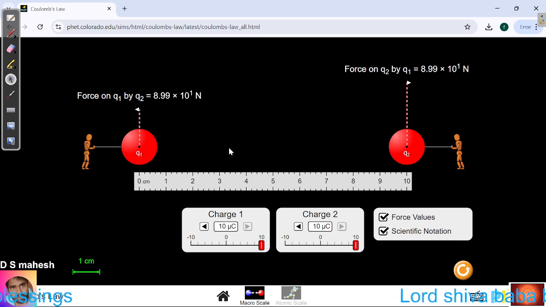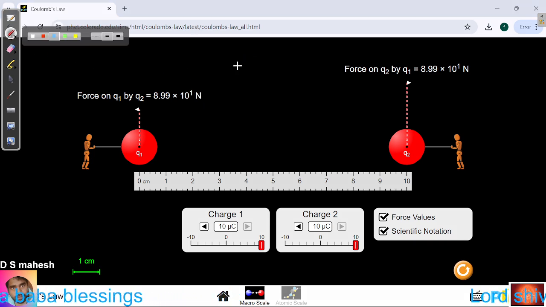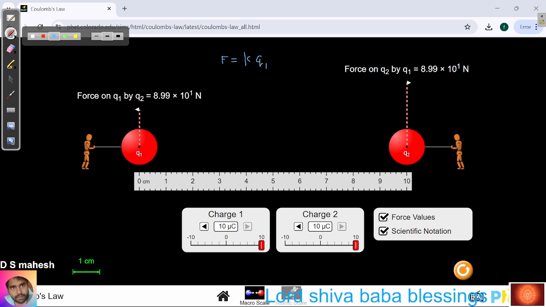But what is the amount of force? That is given over here, which is 8.99 newtons. It is exactly around 9 newtons. So let us try to solve it with the equation which we have learned. Force is equal to K into Q1 into Q2 divided by R square.